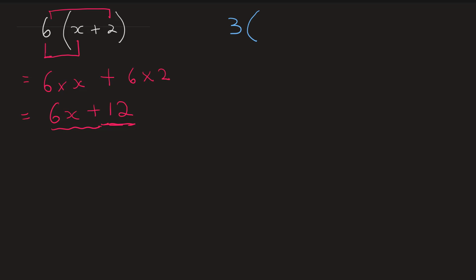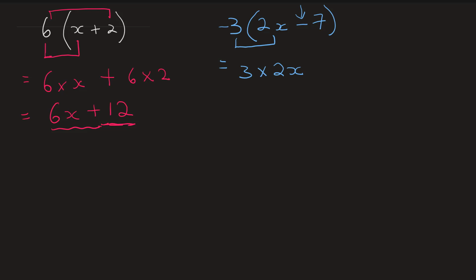Let's try another one. 3 outside of 2x minus 7 equals. Take the number outside the bracket, multiply it by the first one in there. So that's 3 multiplied by 2x. Now when you have a negative sign, as we have here, just stop and talk your way through it. The second multiplication is 3.